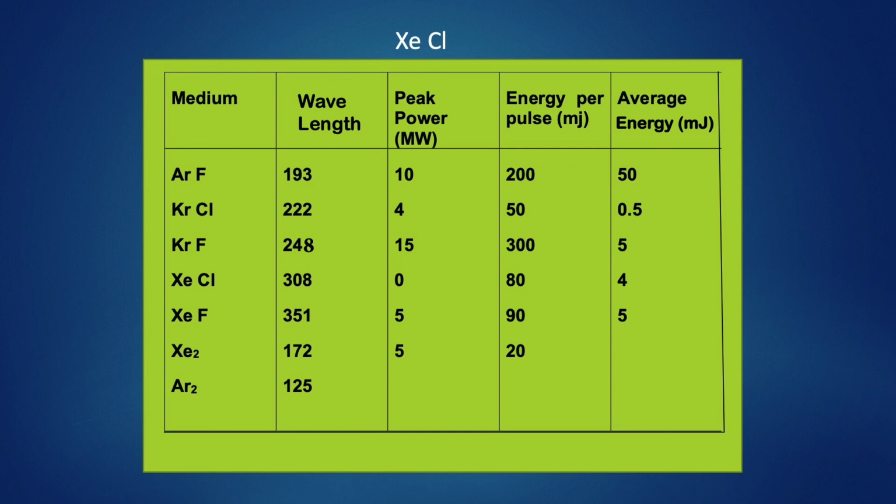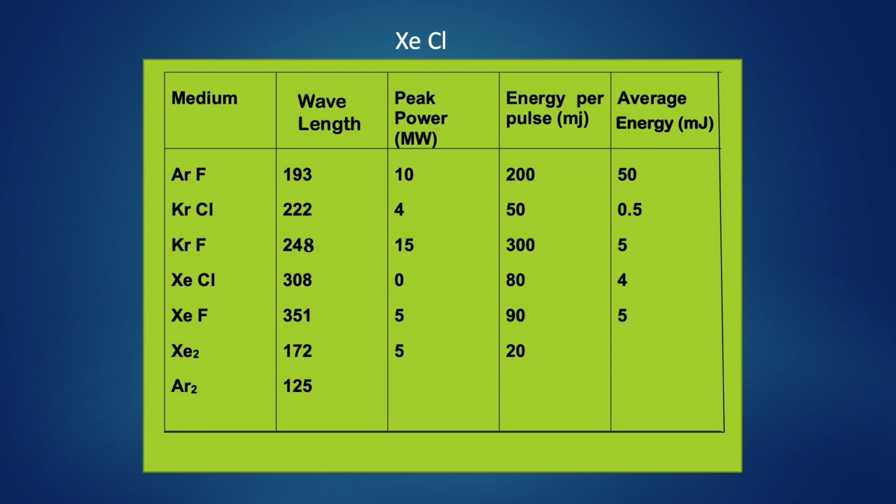What I am trying to bring to your attention is, I have a variety of noble gases like helium, neon, argon, krypton, and there are very highly reactive gases like fluorine, chlorine.